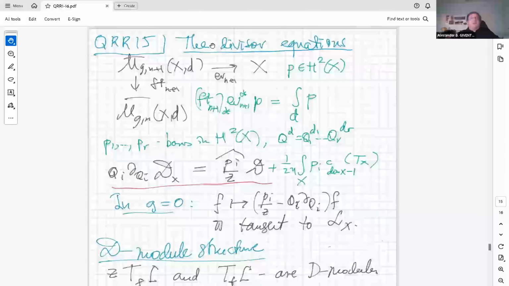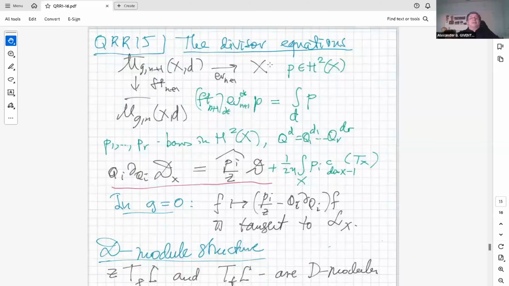So we need one more thing, which is called the divisor equation, and that's what it is about. In the diagram, we take a degree 2 class in X, pull it back to this moduli space and push it forward. Similar to what we did with the string equation, where we pulled back class 1, now we take a degree 2 class and push it forward.